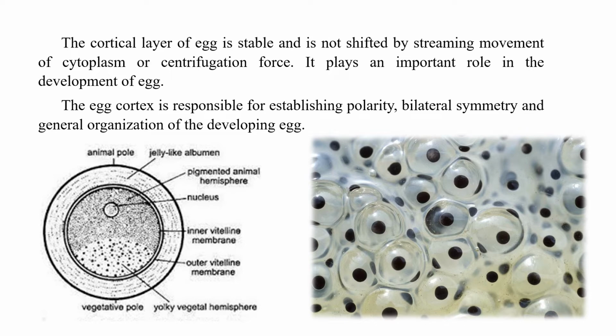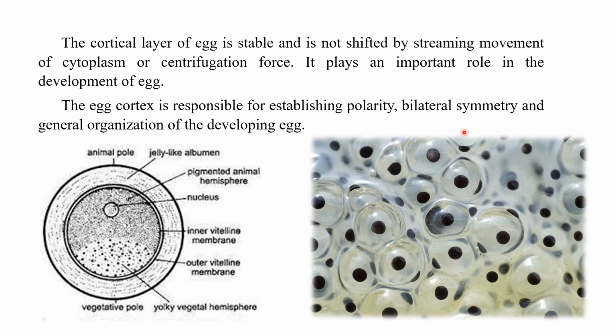The details of this will be studied in the 34th session of the same paper. You can refer to that session again for the study of the importance of egg cortex in the process of amphibian development.